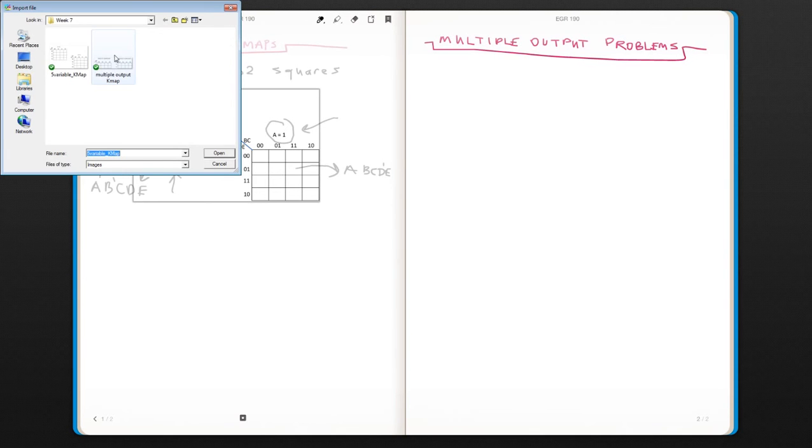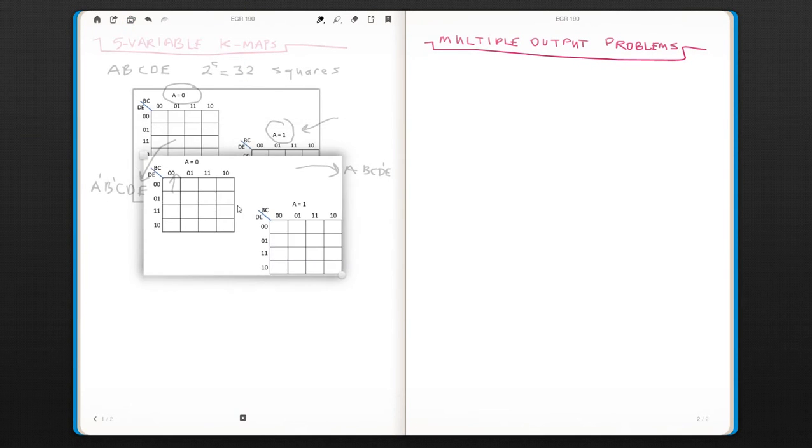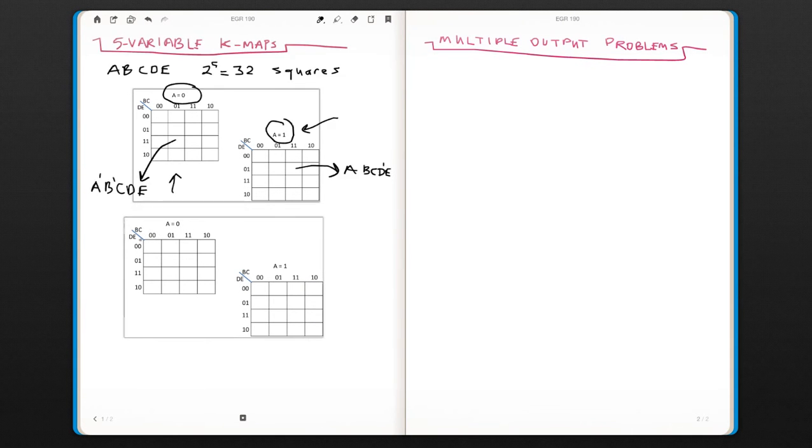So the simplification is again the same. The idea is the same. You just need to think almost like a 3D. So let's say we have a map like this.